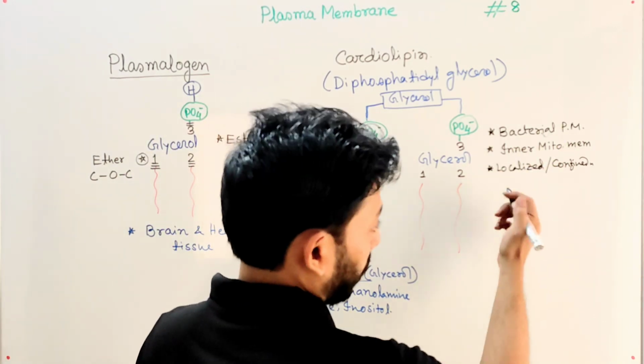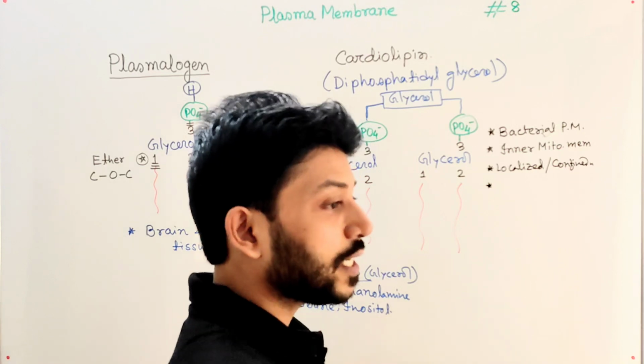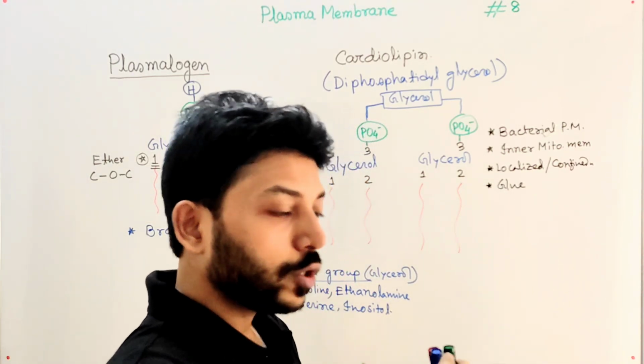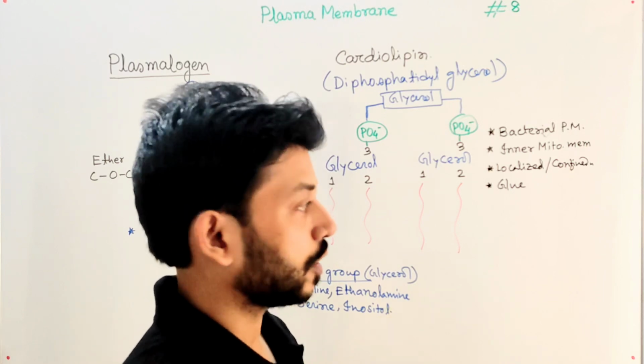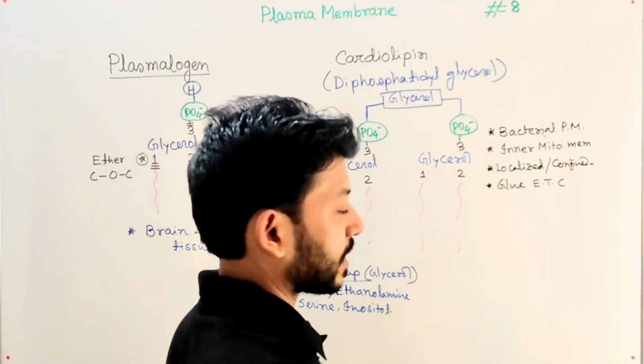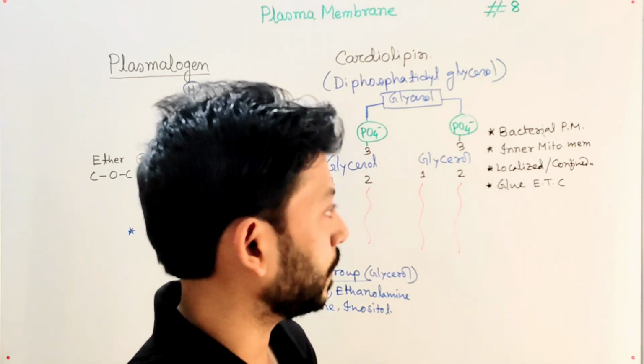Another important point you can remember about cardiolipin is that it acts as a glue that holds the very important protein complex called the electron transport chain. So it acts as a glue to hold the electron transport chain.